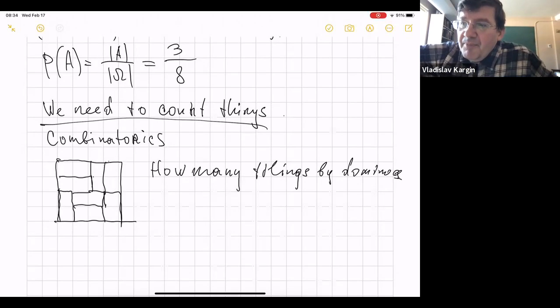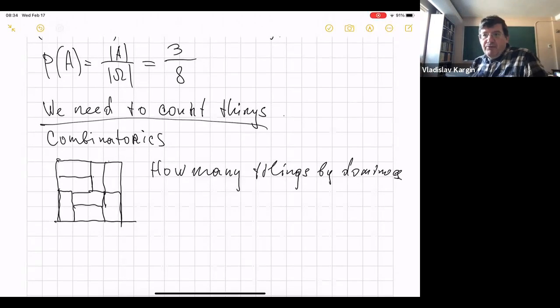So this is probably one of the most amazing things which was discovered, that there is a formula for the number of tilings by dominoes. You can easily see that if you have a board with an odd number of squares, you cannot tile it, right?